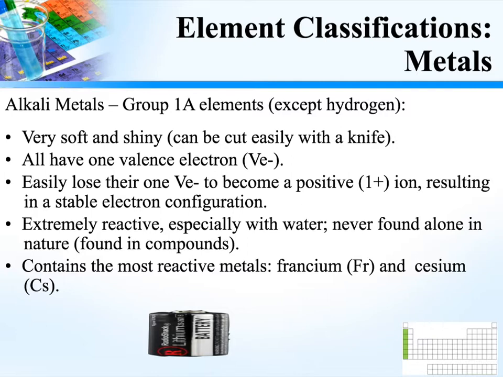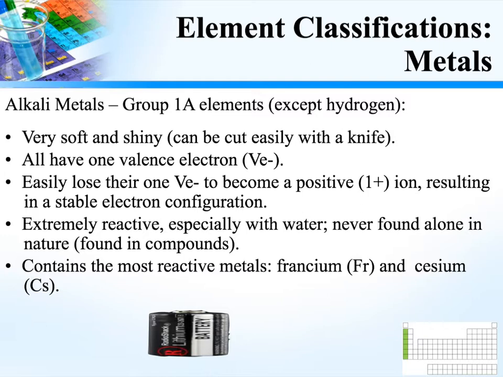And if you'll look at it, it has 1 valence electron. So if we lose that 1, then the next inner ring becomes the outermost energy level, and it's full. So that makes sense. This group of elements is extremely reactive, especially with water.